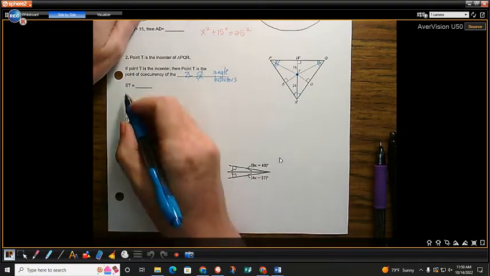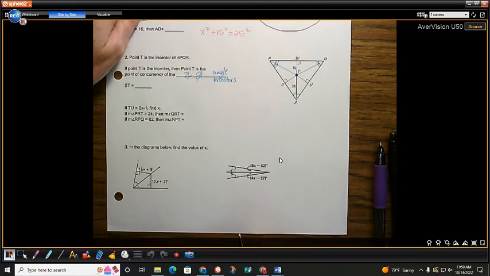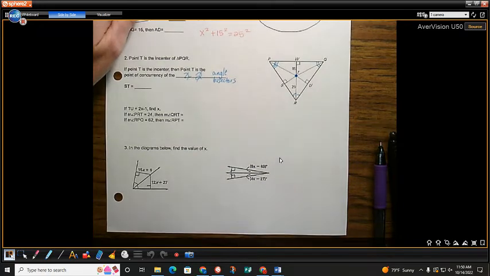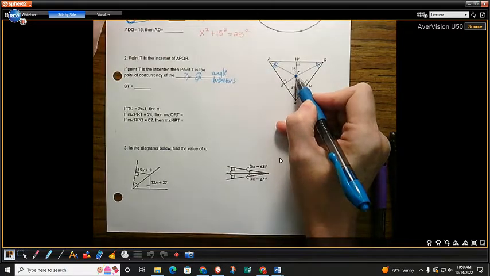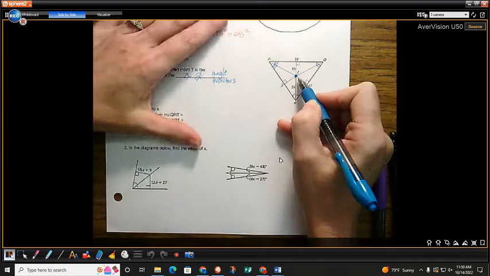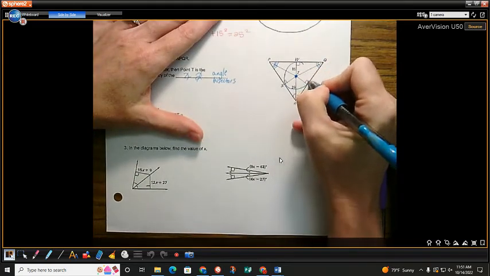But then it wants to know how long ST is. How am I going to figure out how long ST is? Well, think about what information they've given me. What is my special point again? T. It's an incenter. What do incenters do? They're the center of a circle inside.